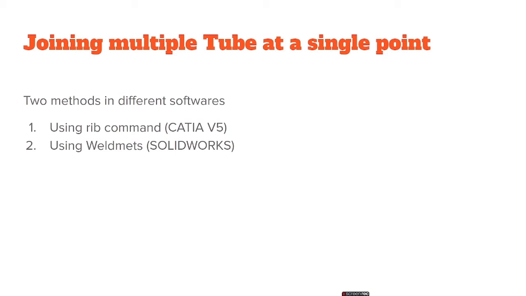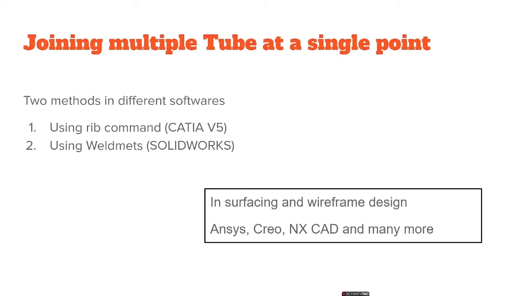We perform this design first in CATIA using the rib command, and second using Weldments in SolidWorks. Apart from these, there are other methods and software which can also be used for such part designs.